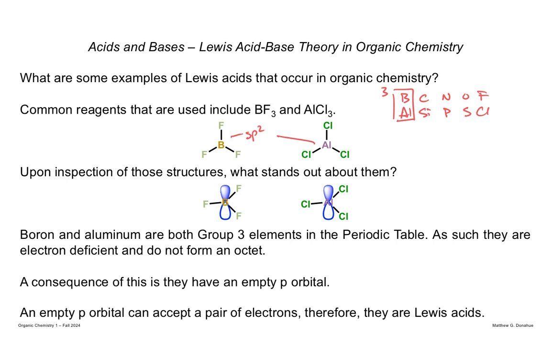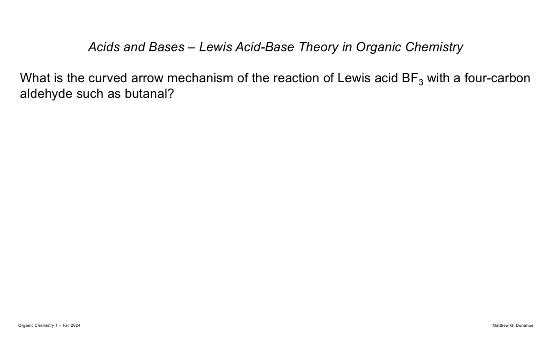So an electron pair can go into that p orbital. So this is an example of a Lewis acid, Lewis base reaction. On the next slide, I'll show you how they would react with an organic functional group.